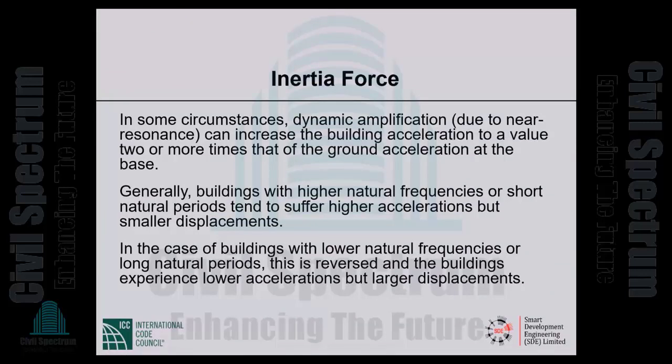Now, in the picture we drew, the inertia force is mass times the ground acceleration. In some circumstances there is dynamic amplification, and that is because of near resonance, which we discussed the other day. If the period of the structure and the period of the ground motion are close, then there is near resonance.